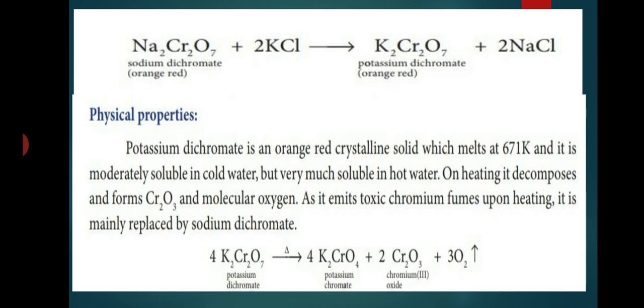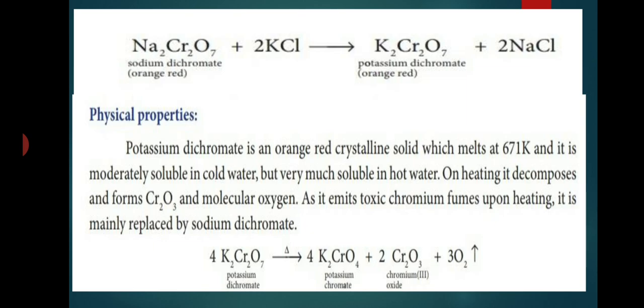So in the first step, chromite ore is treated with sodium carbonate and converted into soluble sodium chromate. In the second step, sodium chromate is treated with sulfuric acid to get sodium dichromate. In the third step, sodium dichromate is treated with KCl to convert into potassium dichromate. So these are the three important steps.